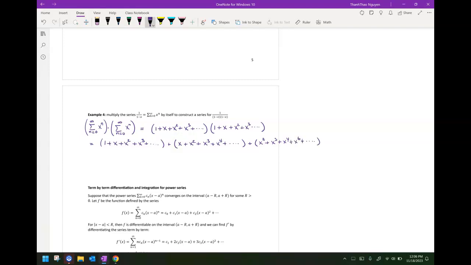We continue on and multiply this out. When we combine like terms, we should get 1 plus 2x plus 3x squared plus 4x to the third, so on and so forth. So this is the series for the product of the geometric series multiplied by itself.